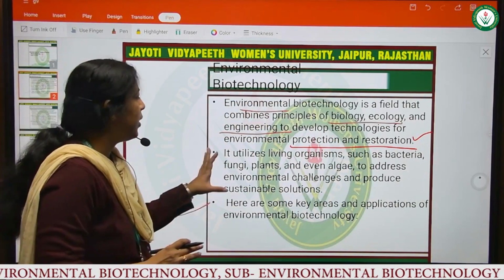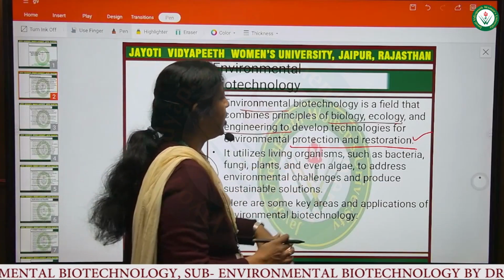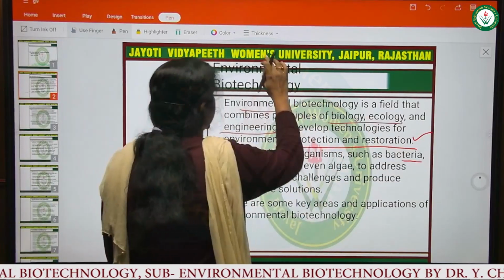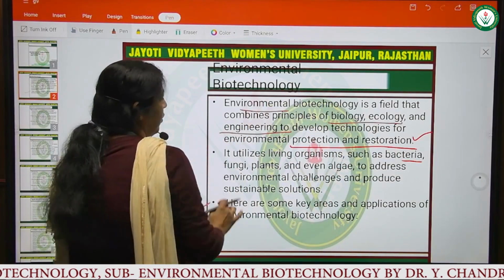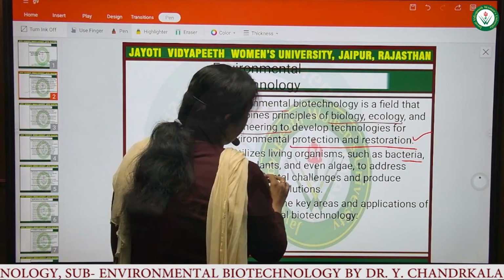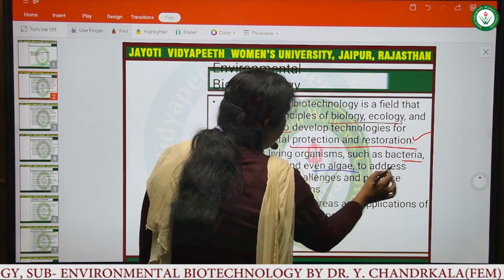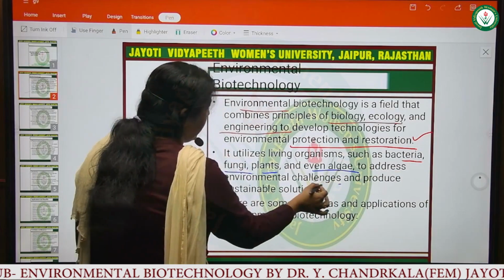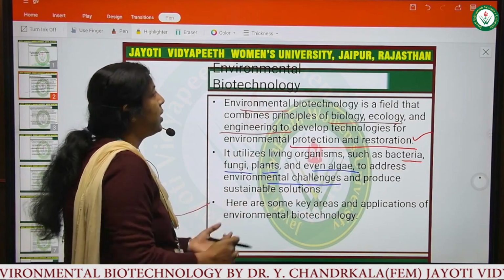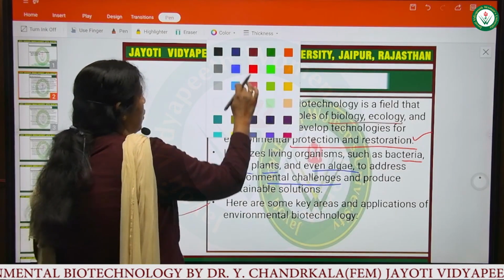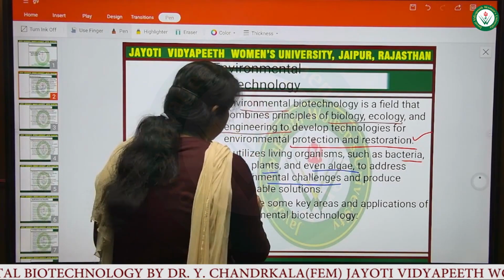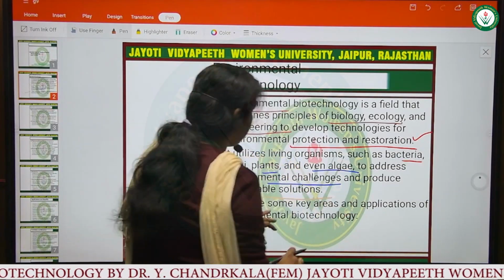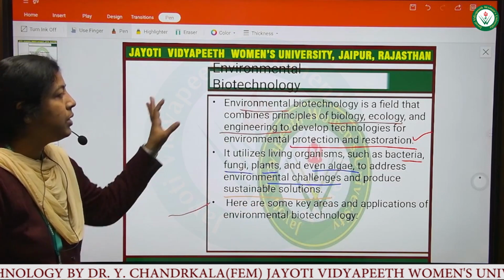It can utilize living organisms such as bacteria, fungi, plants and even algae to address environmental challenges and produce a sustainable solution.